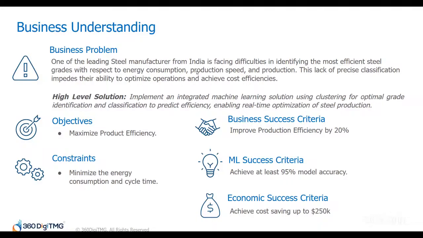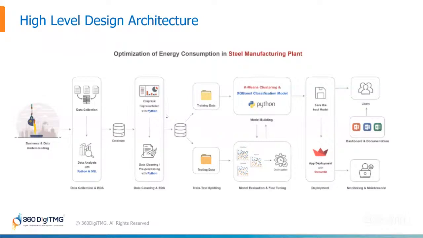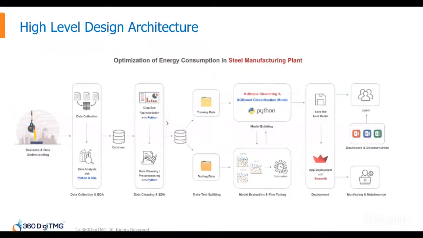So this is the high-level architecture diagram that provides a pictorial overview of this project flow, which follows the CRISP-ML(Q) methodology. The first stage is business and data understanding, where we understand the business problem and we collect the data and store the data in the database. Next, we perform the exploratory data analysis and data pre-processing or data cleaning.